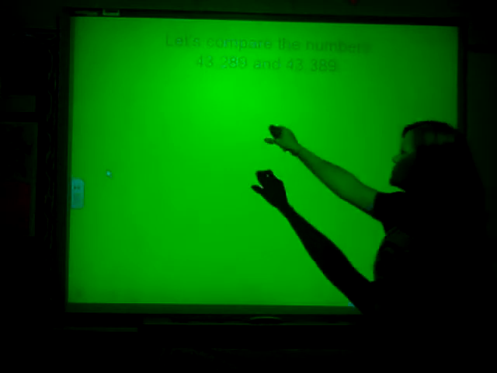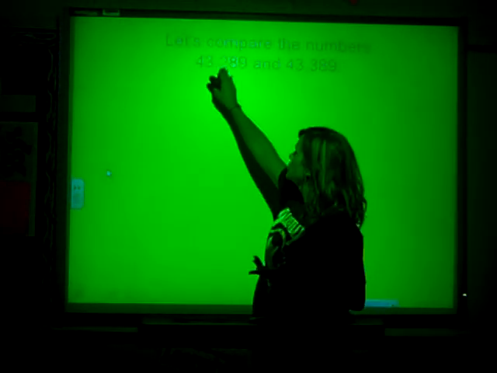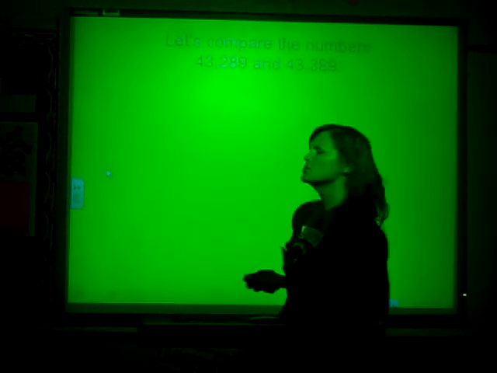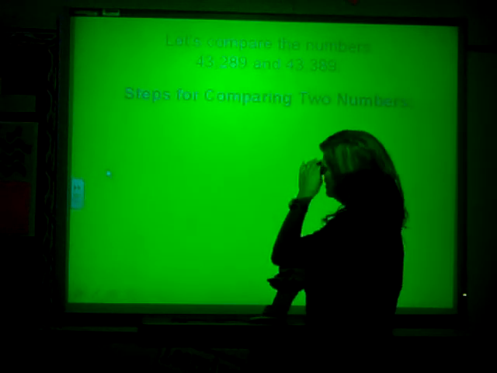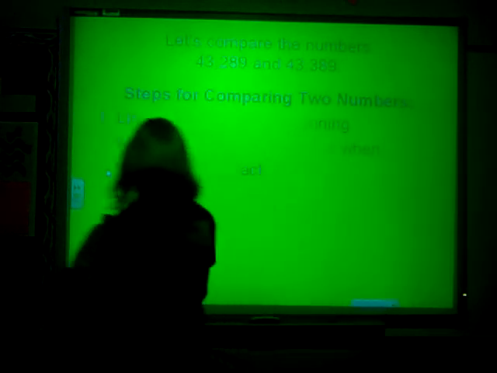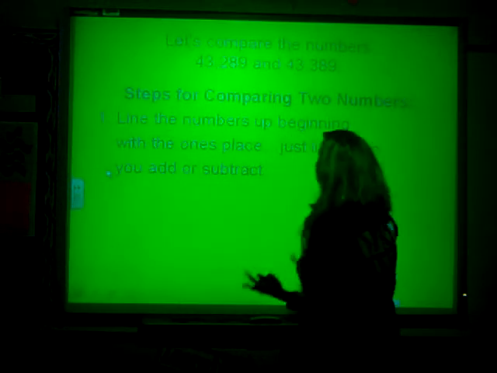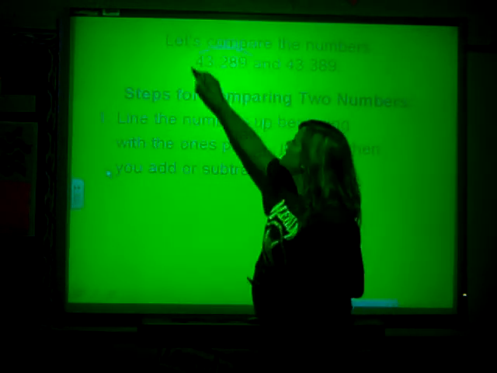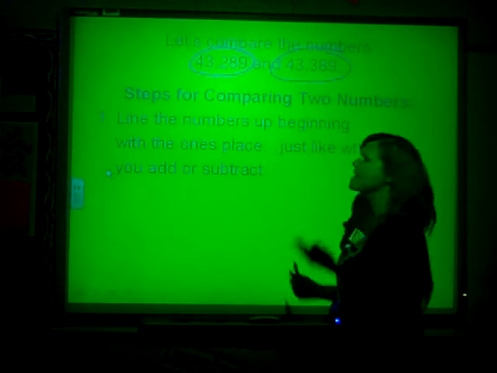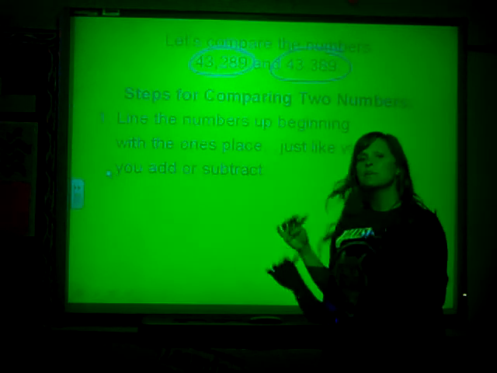To compare numbers, we're going to start by comparing 43,289 and 43,389. Here are the steps for comparing two numbers. The first thing, you're going to line the numbers up, beginning with the ones place, just like when you add or subtract. They both have 5 numbers in them, so this is going to be a pretty easy one.